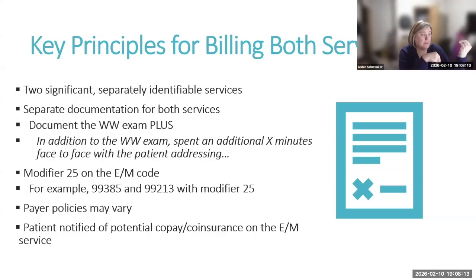Your biller will put a modifier 25 on the E&M code. So, for example, you would bill that well woman exam with a 99385 and 99213 with modifier 25.